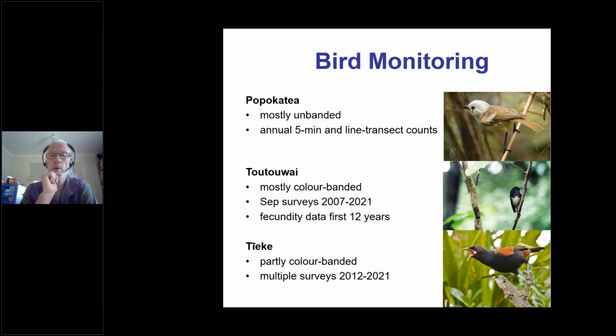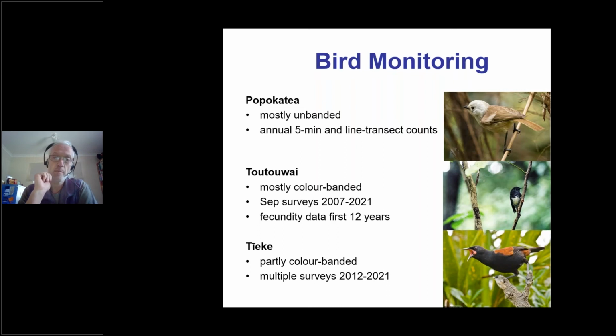Monitoring: Popokatea is fairly basic monitoring, which is just 5-minute counts and line counts, transect counts. Most of those birds are unbanded. Toutouwai is kind of the opposite. It is the gold standard kind of monitoring, and that's mostly been done or led by Tim Lovegrove, which has involved not only doing surveys, but doing intensive monitoring over the breeding season to actually measure how many fledglings each pair manages to have, and then color banding those fledglings in the nest so the population remains mostly color banded.